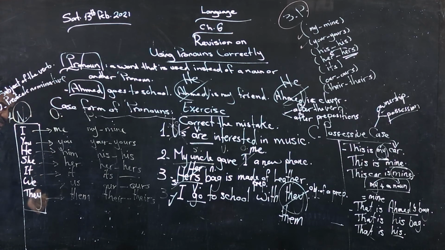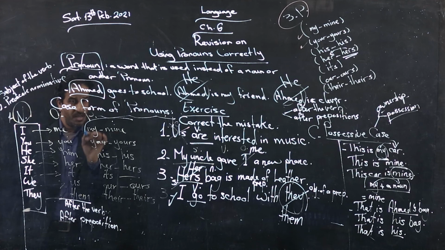I, you, he, she, it, we, they. Objective case: after the verb, or after prepositions, as we mentioned before.